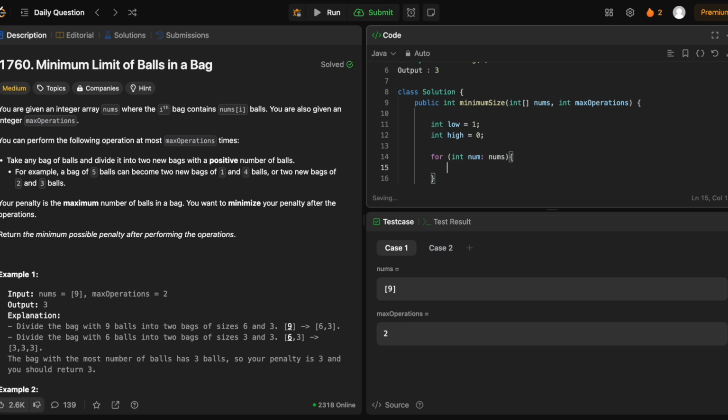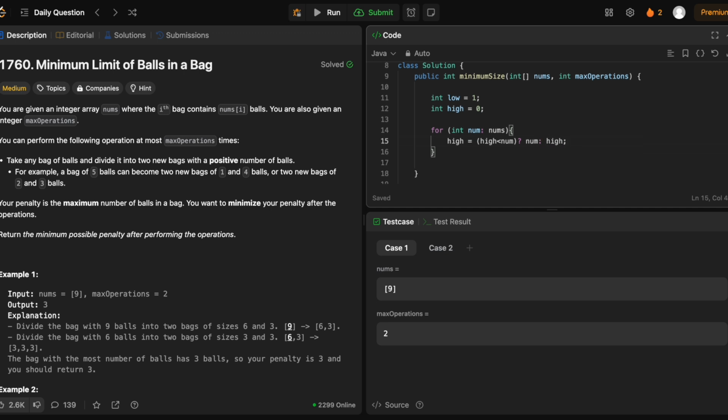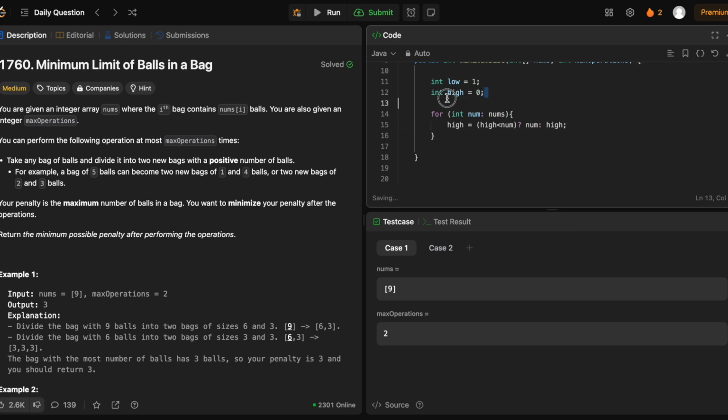So high equals 0, and if high is less than num, then num becomes high, else high just remains like that. So we've got our highest number.